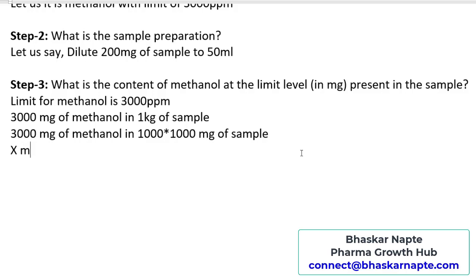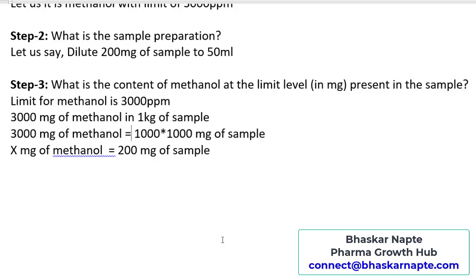I will say it is X milligram of methanol present in 200 milligram of sample, right? So I will also put the equal sign over here.